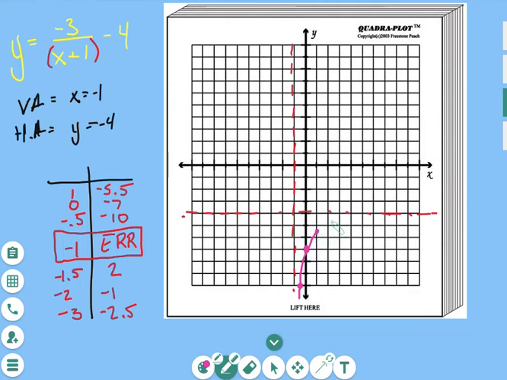And I know that this looks like it's not continuing down the way it should, but if we were to plug in another point, we would see it curve off like it's supposed to. Negative 1.5, positive 2, negative 2, negative 1, and negative 3, negative 2.5.